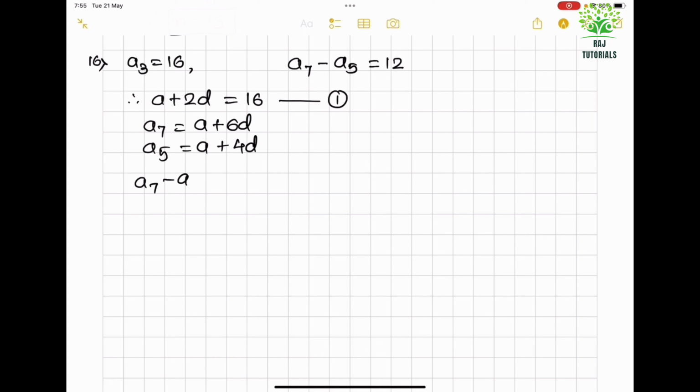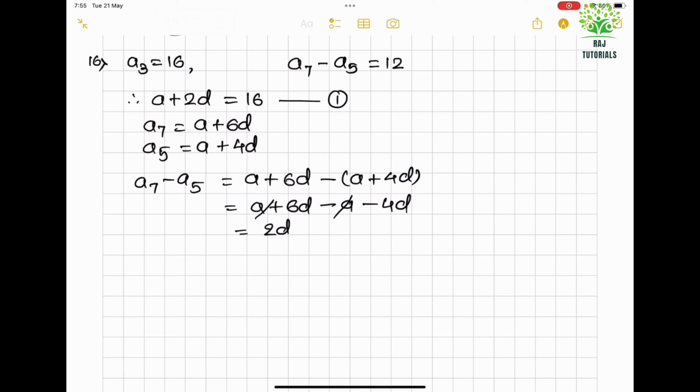So A7 minus A5 will be equal to A plus 6D minus A plus 4D. That will be A plus 6D minus A minus 4D. So 2D. Now this difference is 12. So D is 12 by 2. So therefore D is 6.